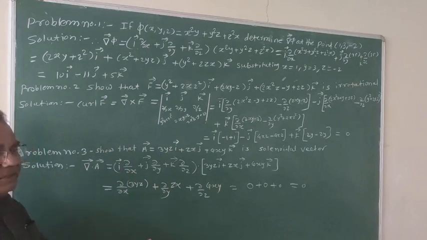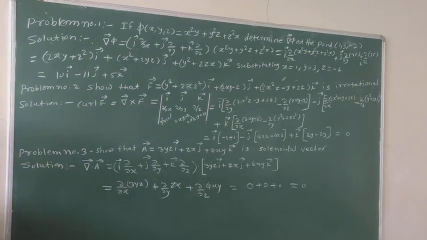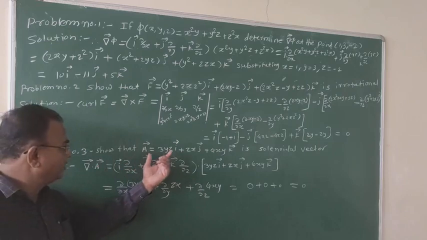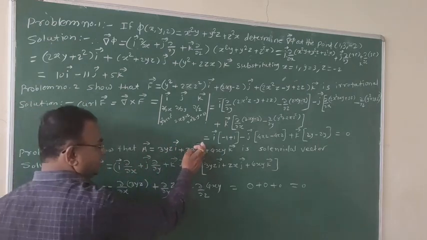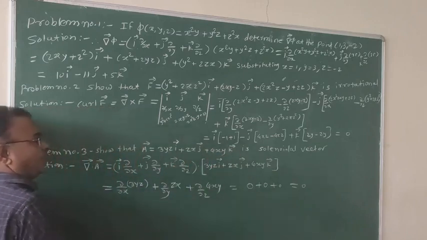Similarly, we consider another problem, number 3. Show that the vector A is equal to 3yz i bar plus zx j bar plus 4xy k bar is solenoidal.